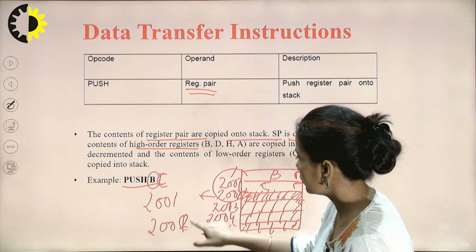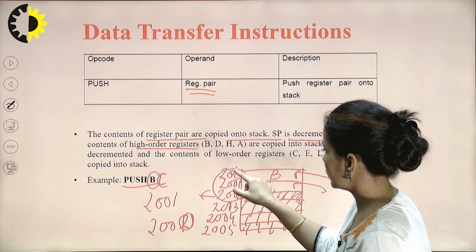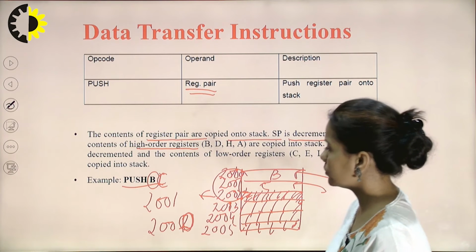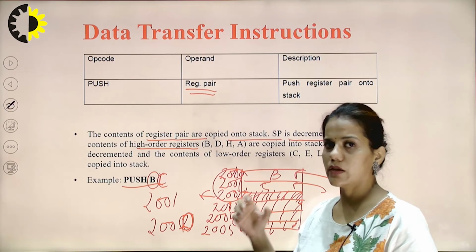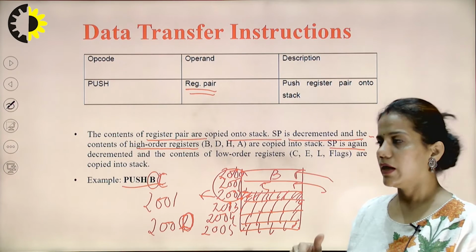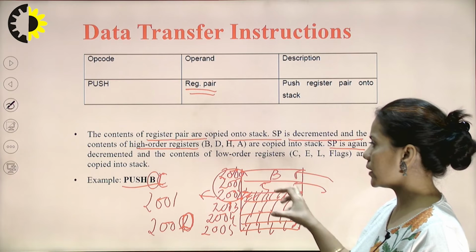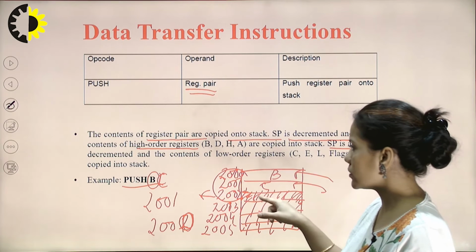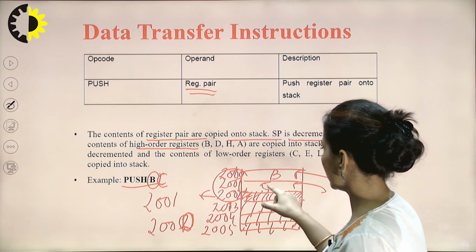So as we push something into the stack, the stack pointer gets decremented, and the contents of lower order is first stored, and then higher order. Oh, I told you the wrong thing.